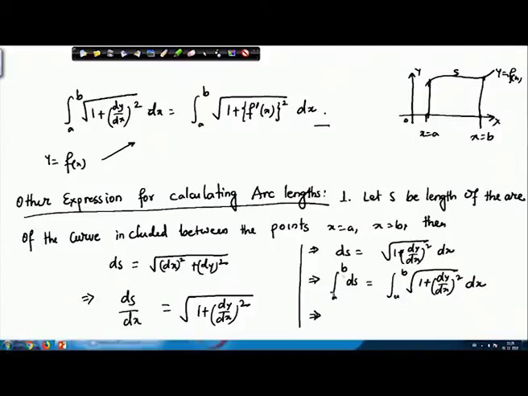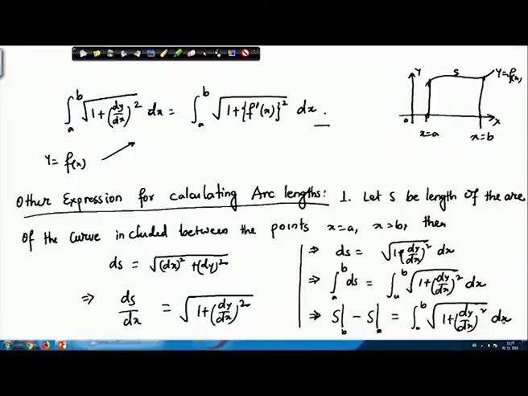So the value of s at B minus the value of s at A equals the integral from a to b of the square root of 1 plus dy by dx whole square dx.